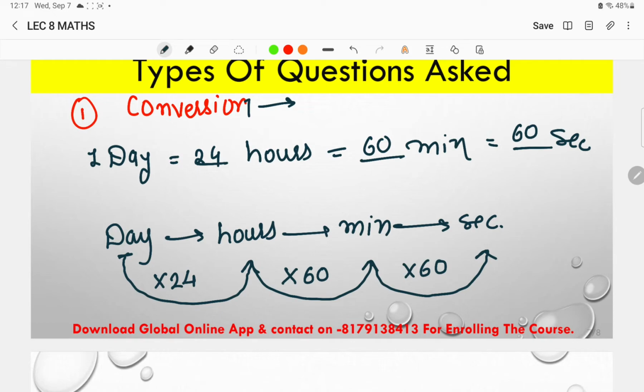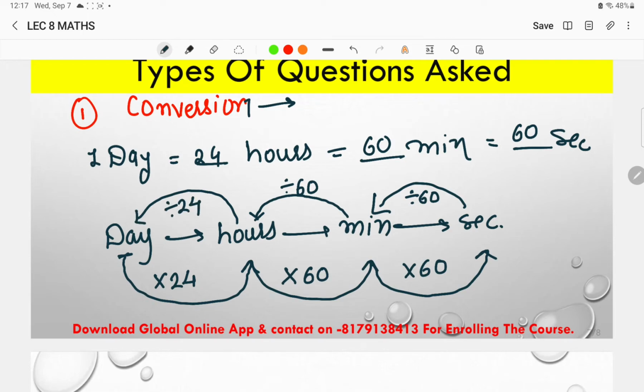But when we convert seconds into minutes, we will divide by 60. When we convert minutes into hours, we will divide again by 60. And when we convert hours into days, we will divide by 24. So this is the trick that we have to follow.